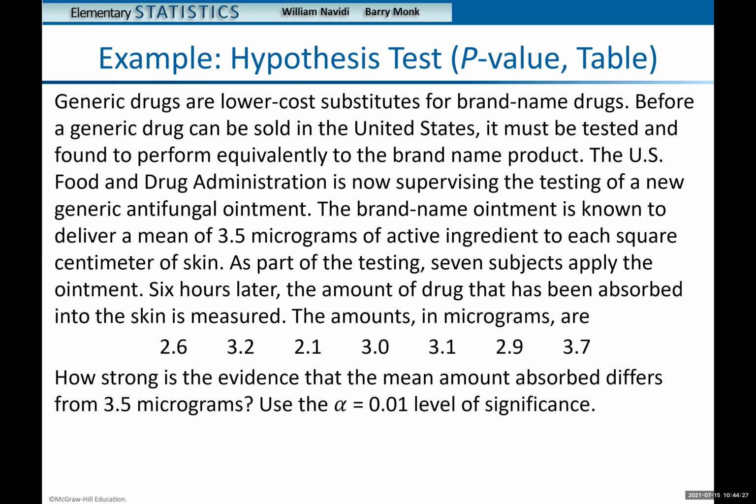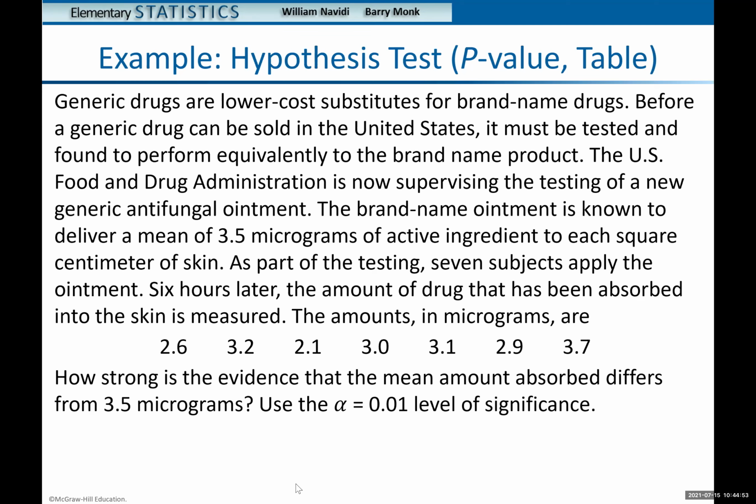The U.S. Food and Drug Administration is now supervising the testing of a new generic antifungal ointment. The brand name ointment is known to deliver a mean of 3.5 micrograms of active ingredient to each square centimeter of skin. As part of the testing, 7 subjects apply the ointment. 6 hours later, the amount of drug that has absorbed into the skin is measured.